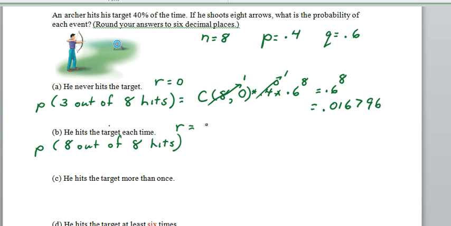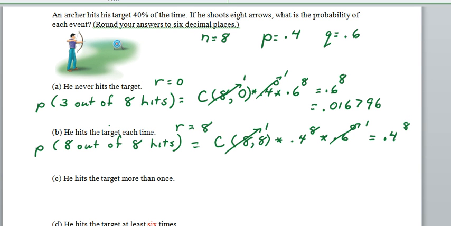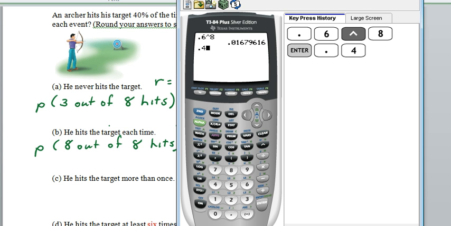So our r is now 8, and we'll have the number of ways, C(8,8), of getting 8 out of 8, and we know C(8,8) is just 1, times 0.4 to the 8th times 0.6 to the 8 minus 8, which is 0.6 to the 0. 0.6 to the 0 is also 1, so it's 0.4 to the 8th power, and we get 6.55 times 10 to the minus 4.